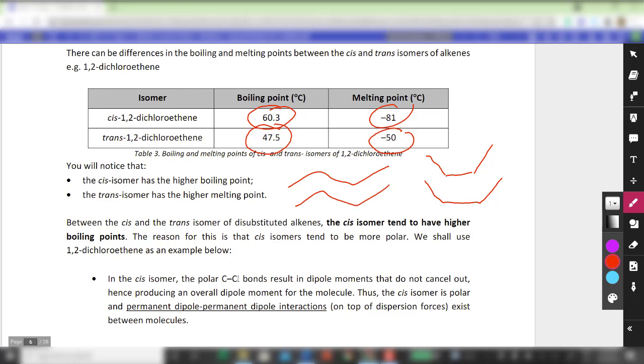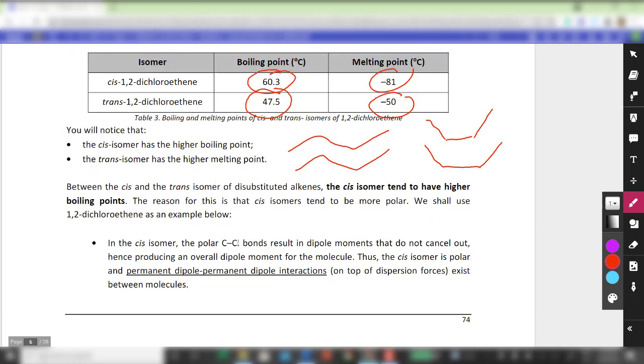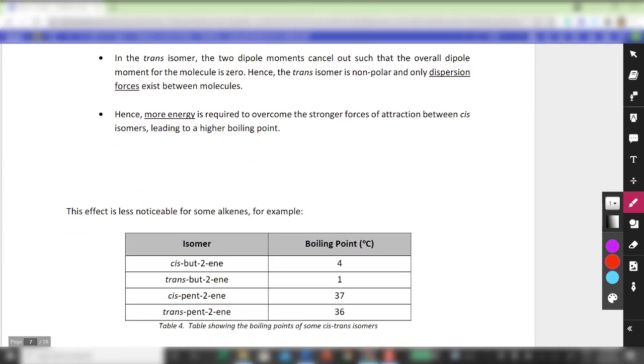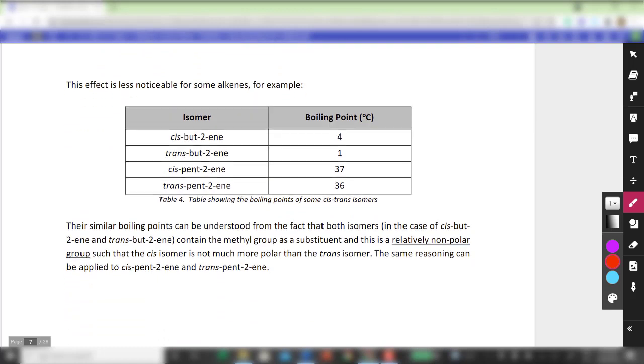Of course, all these are just pure discussion, and without actual proof, it's very difficult to be convinced. But all I can say is that if you really look at the solid state structure, you will be convinced that the trans isomer packs a little bit better than the cis isomer. But I think over here, we do not have a diagram to showcase to you, so I don't think we will discuss more.